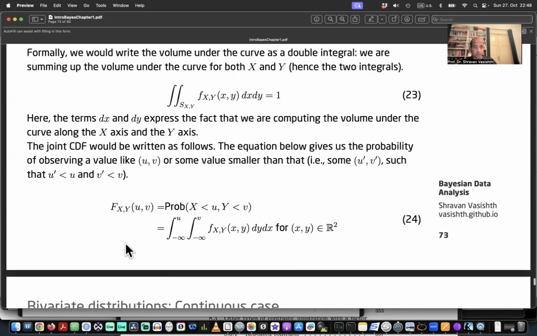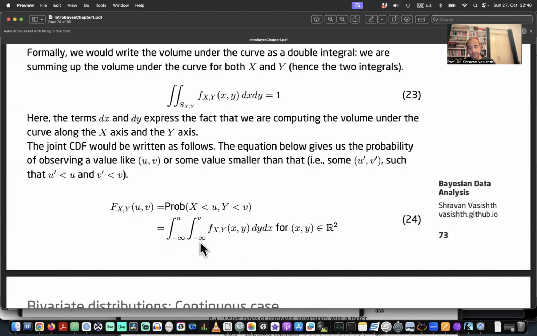Similarly, we could also compute the cumulative distribution function in a bivariate situation. And the way this would work is what we would be computing is the probability of observing some value u or something less than that in the random variable x and some value v or something less than that in the random variable y. And the way we would compute it is exactly the way we computed in the univariate case, except that we have to integrate with respect to y and with respect to x, right?